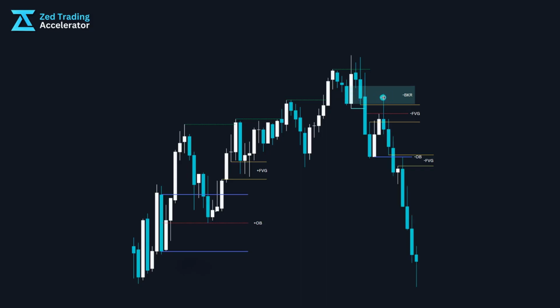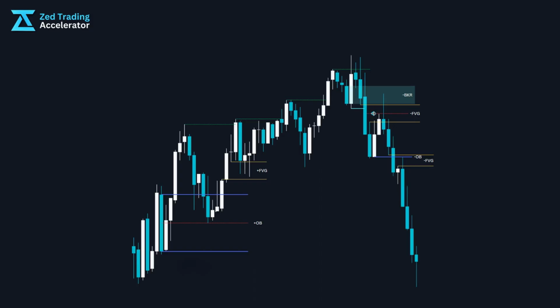Alright? Like I said, we consider PD arrays as a line of defense. Right here, since this fair value gap is lower than this breaker block, this is our first line of defense. As we can see, price retraced higher, respecting the midpoint of that fair value gap.